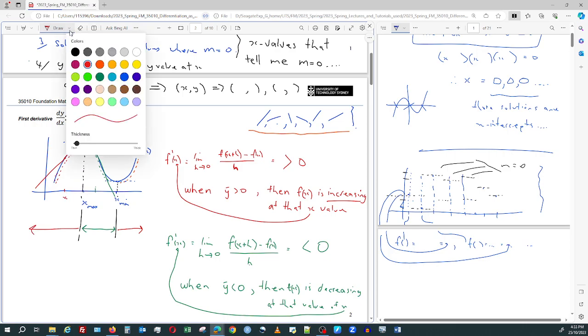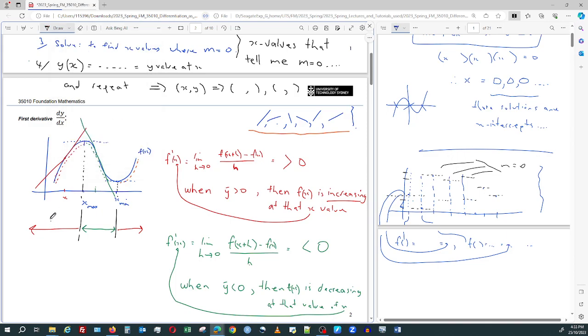Okay, and then I'll go back to our neutral colour, and then we can say the function is increasing. Here the function is decreasing, dec for short, and increasing. So it's increasing at different values, and all we're doing is having a look at the derivative and asking the formal question of is it plus or minus. Okay?